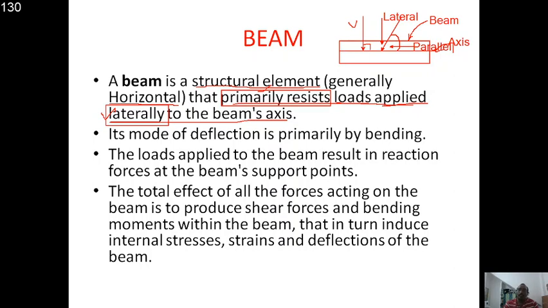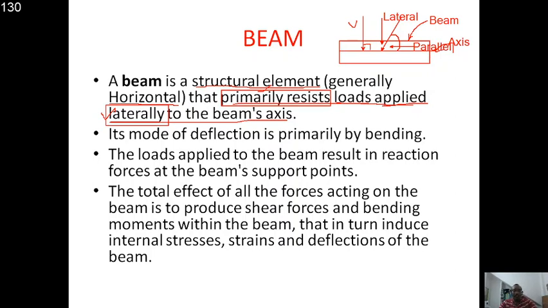And before, in the supports also, we discussed that there are different types of supports: one support can resist only vertical loads, another can also take inclined loads, and some more supports can also resist the moment. Accordingly we classified those as simple support, hinge support and fixed support, right?